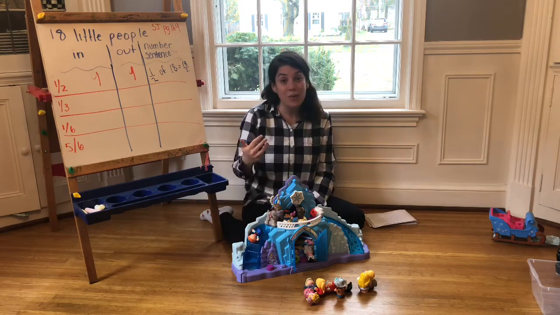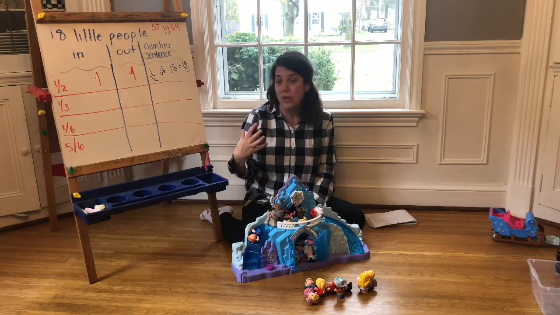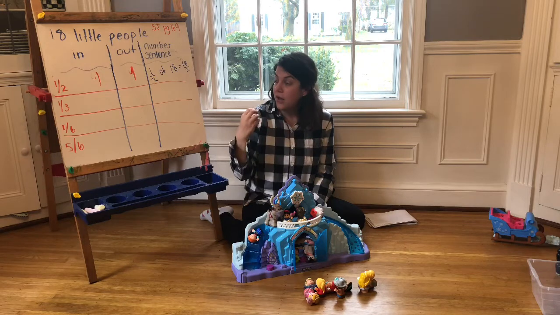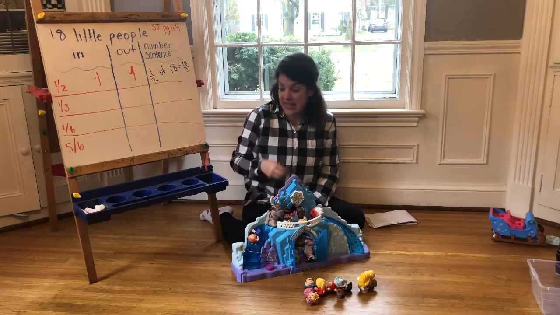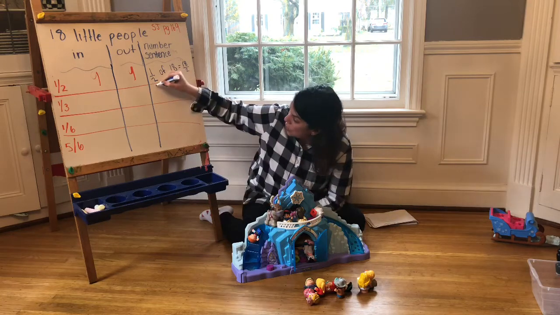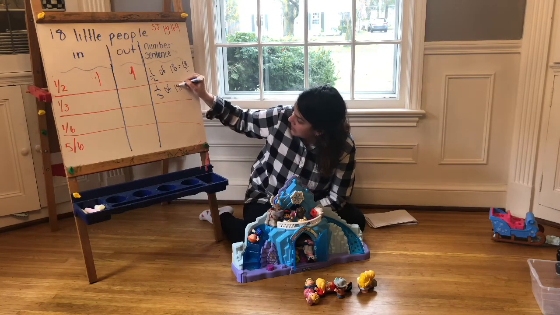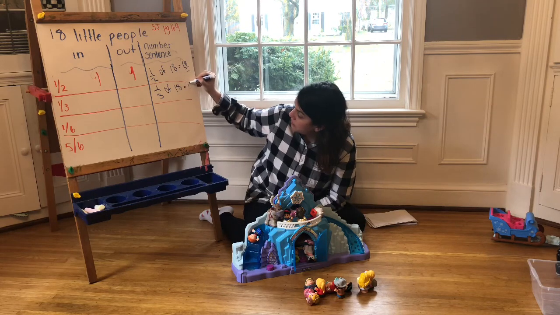So now we still have 18 little people, but I want to know what 1/3 of the little people would be in Elsa's Castle. So what is 1/3 of 18, or 18/3?